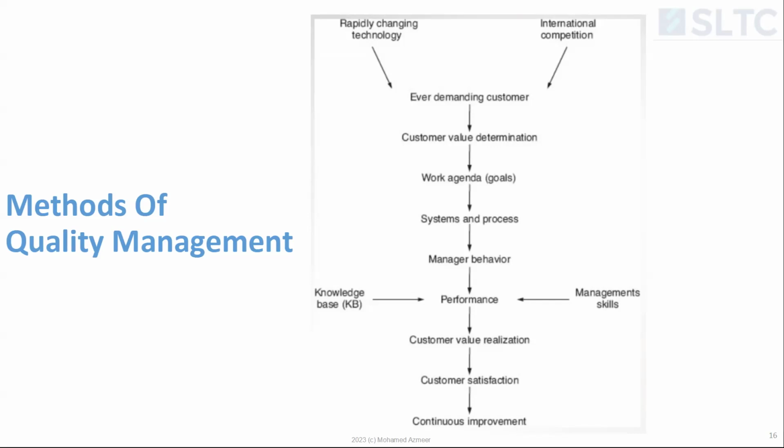So by doing that, we are basically improving the performance of the team. So when you improve the performance of the team, coupled with the systems and processes, you will be able to create customer value. Remember, on the top, we look at customer value determination. So what do we give to the customer? And then what do we actually build for the customer?